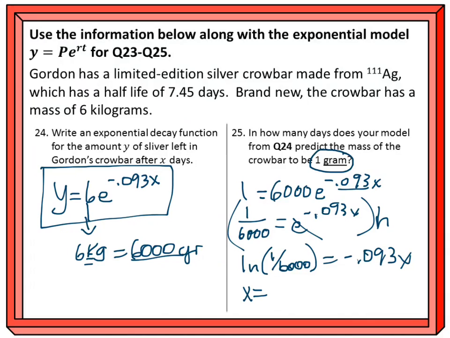So x is equal to the natural log of 1 over 6,000, all divided by negative 0.093. Putting this into the calculator, we get approximately 93.5 days.